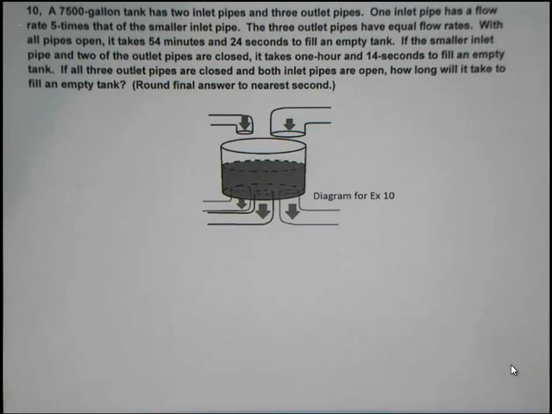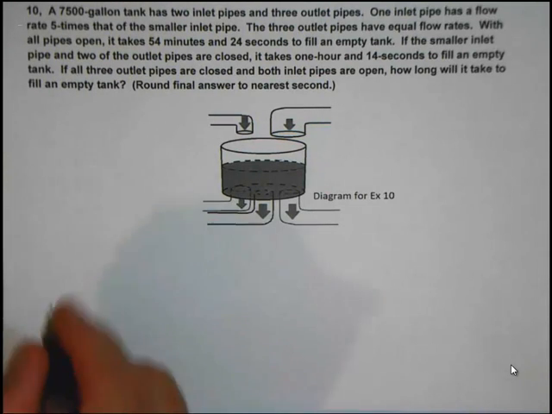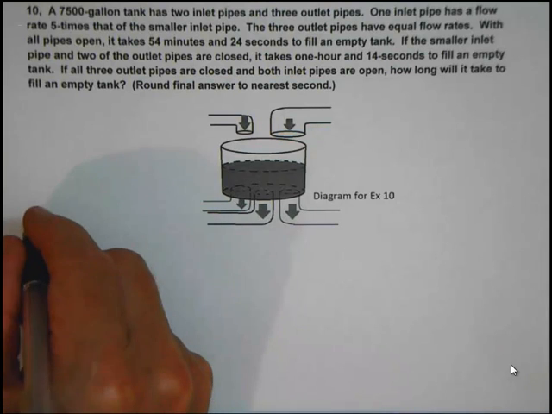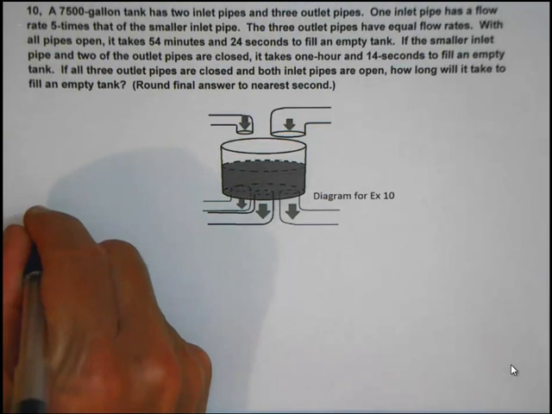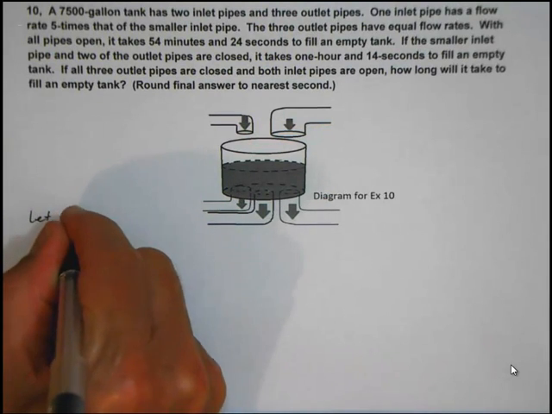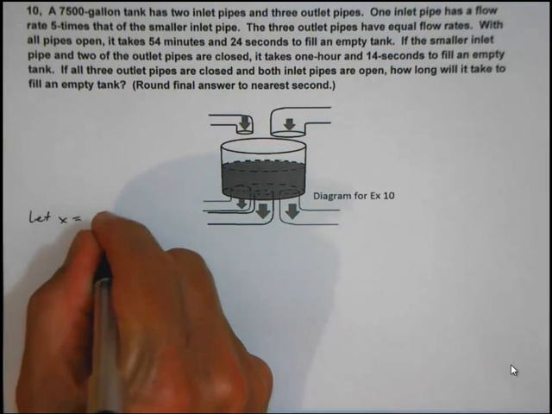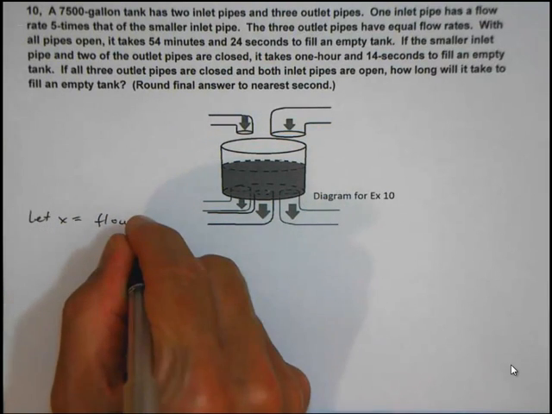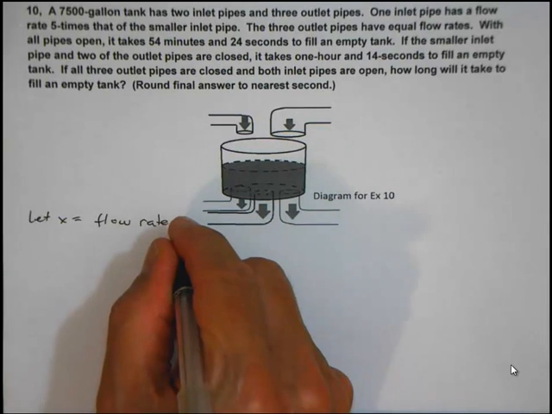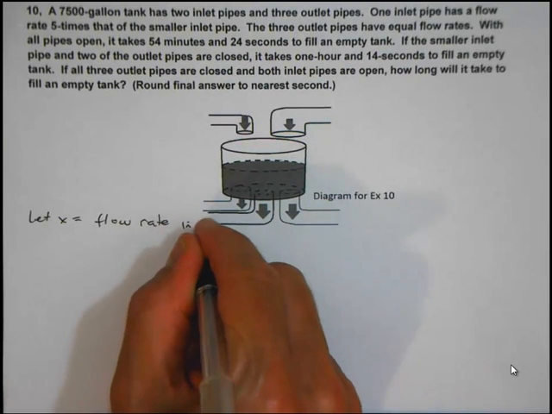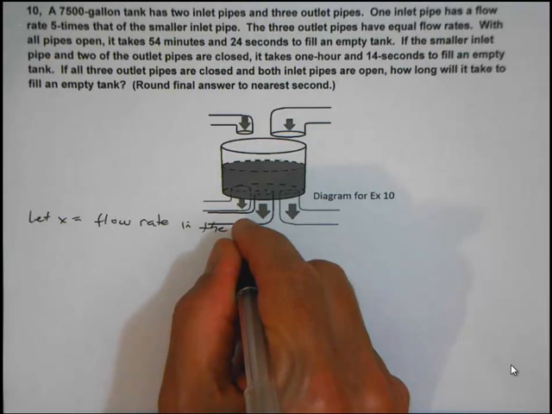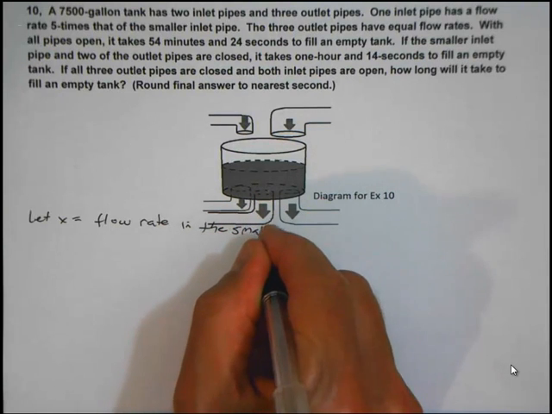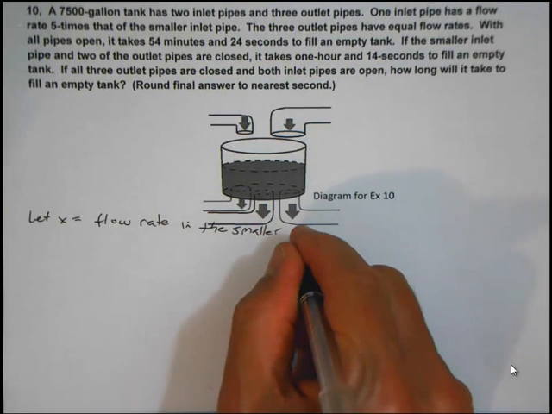Alright, more fundamental: flow rates in the pipes. So, for instance, let x equal the flow rate in the smaller inlet pipe.